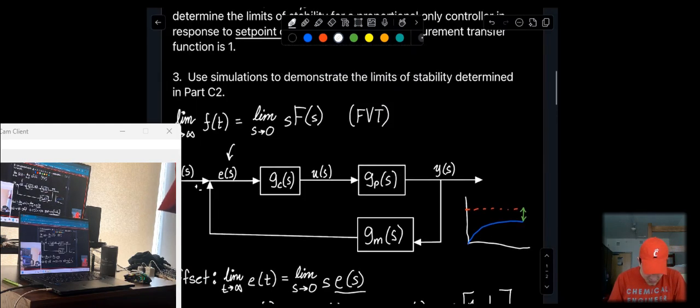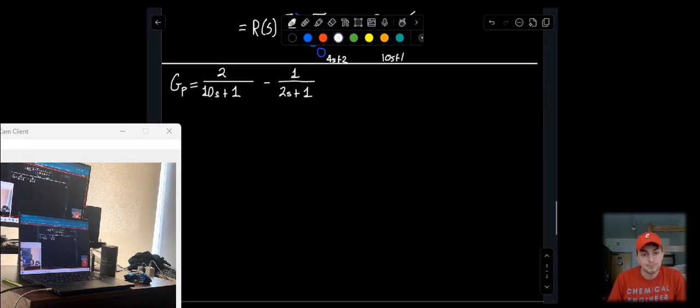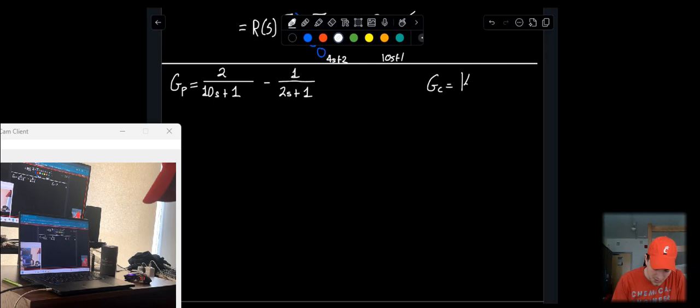Double check and make sure that that's actually correct. Yep. Okay. So we've got this function here. The first thing that we're going to do, again, we're attempting to model the system under proportional control, which means that our control gain would just be some constant Kc.